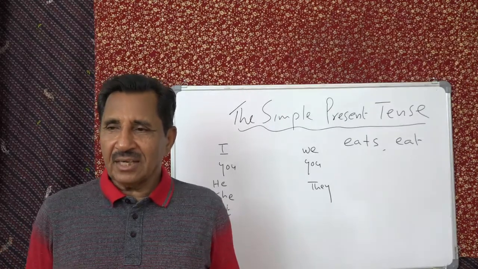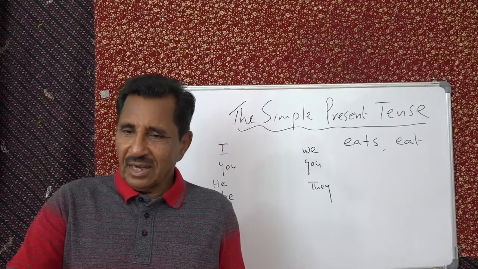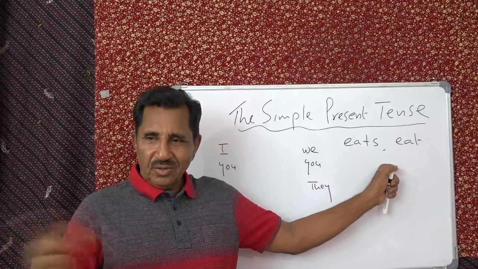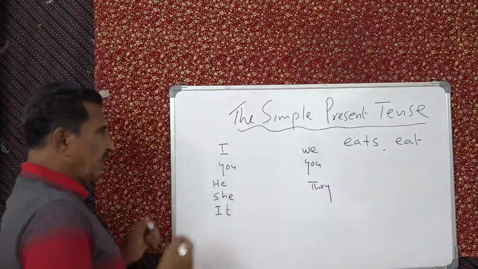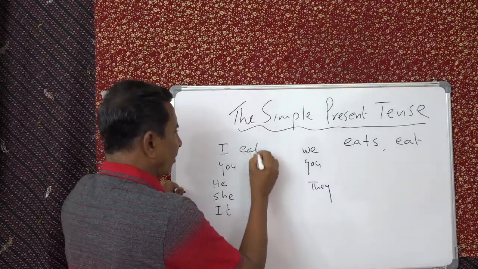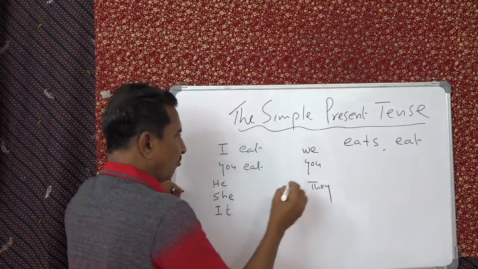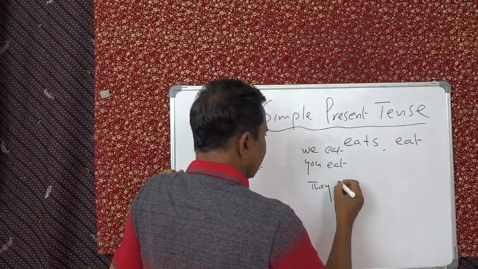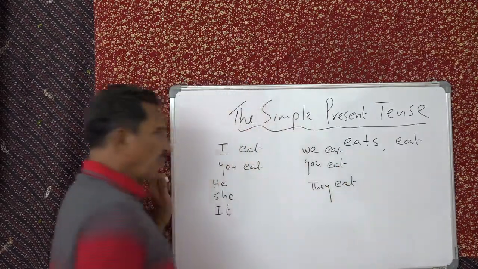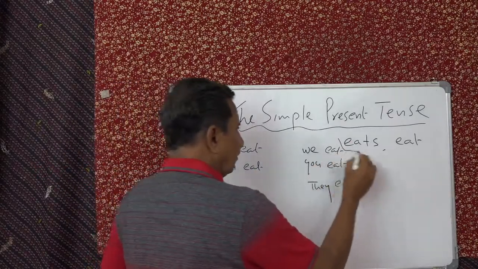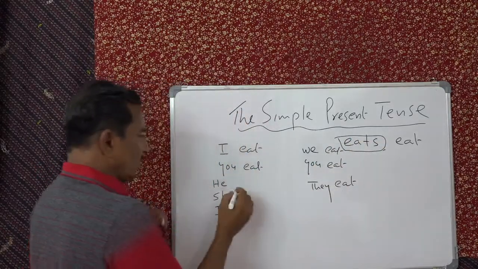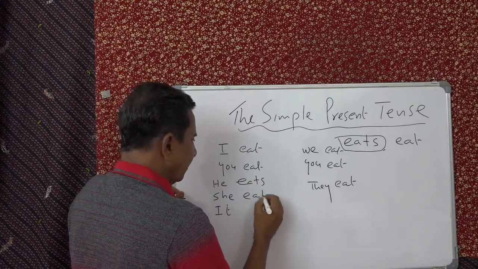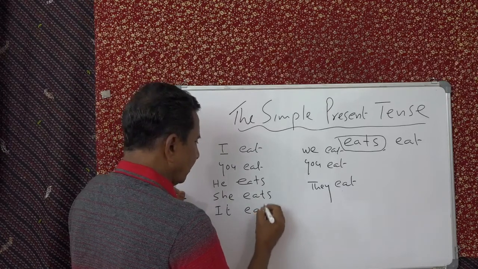See, if I have got 10 sweets, then I will distribute them among you. Here I have only two. So you have to distribute. When you distribute, it will be I eat, you eat, we eat, you eat, they eat. So one form is left out. The form with S, that we use here: he eats, she eats, it eats.